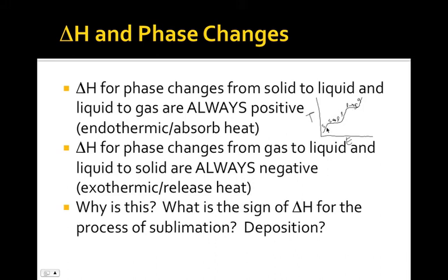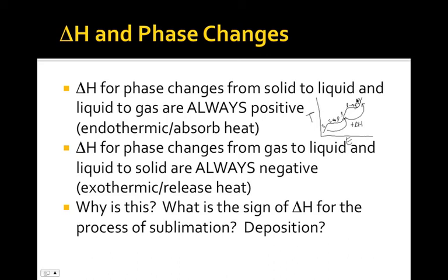So anytime you move from solid to liquid or liquid to gas, that results in an increase of energy in the system. And so going from solid to liquid or from liquid to gas is always going to be a positive delta H, an increase in enthalpy.